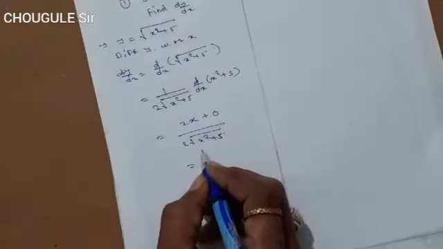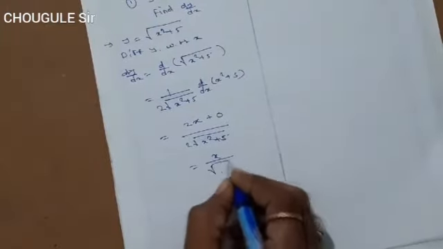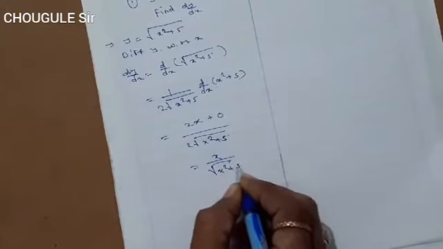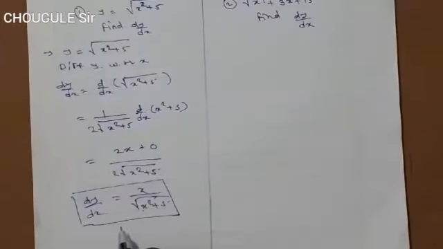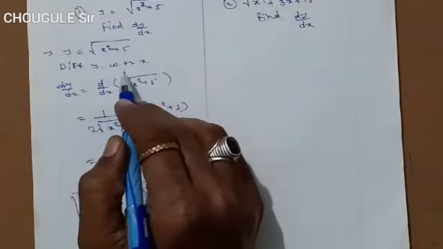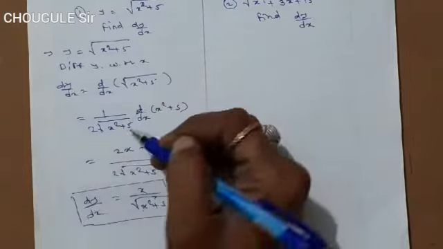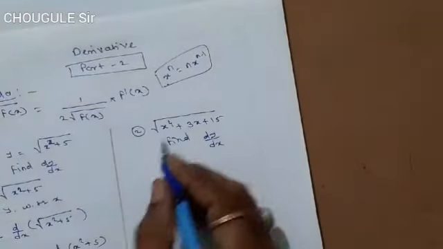So the answer will be x by under root x to the power 2 plus 5, which was to be found, y differentiated with respect to x. We can find it. Now we can solve another type of example.